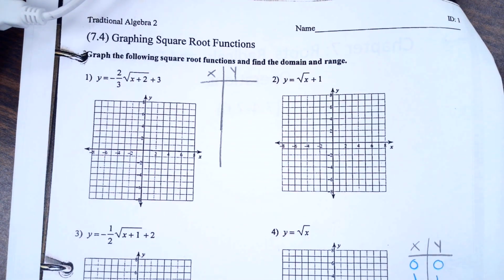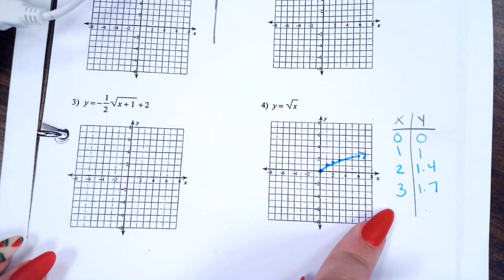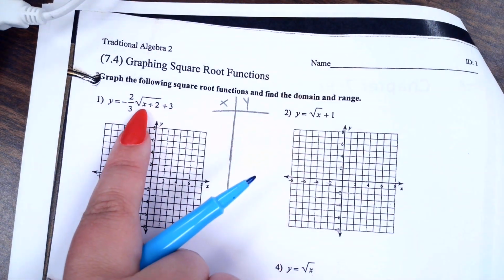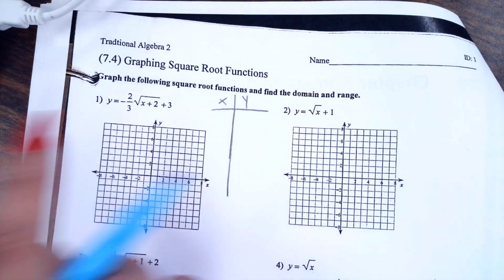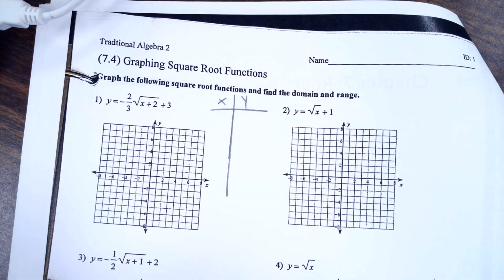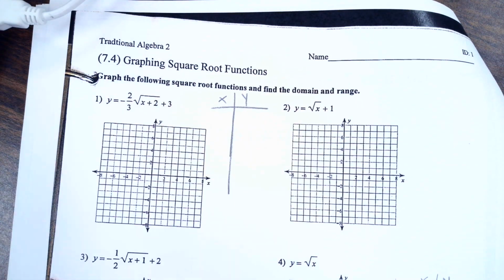How about y equals negative 2/3 times the square root of x plus 2, plus 3. So down here we started at 0 and we went to 3. Now underneath the square root we have x plus 2. Can x be a negative number in this case? We just can't have a negative under the square root, right?